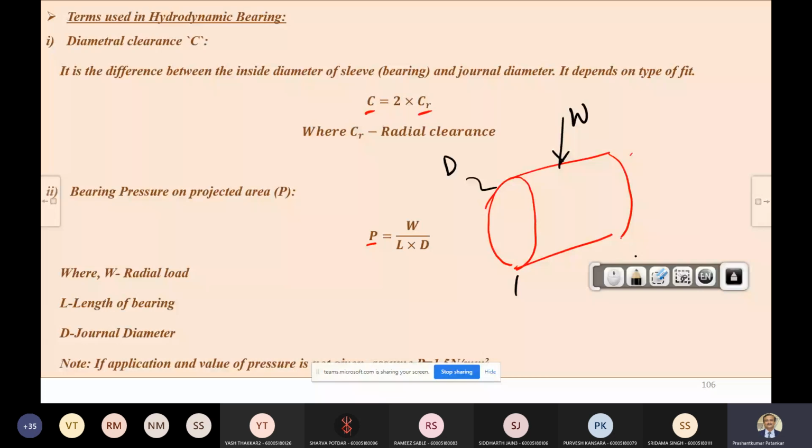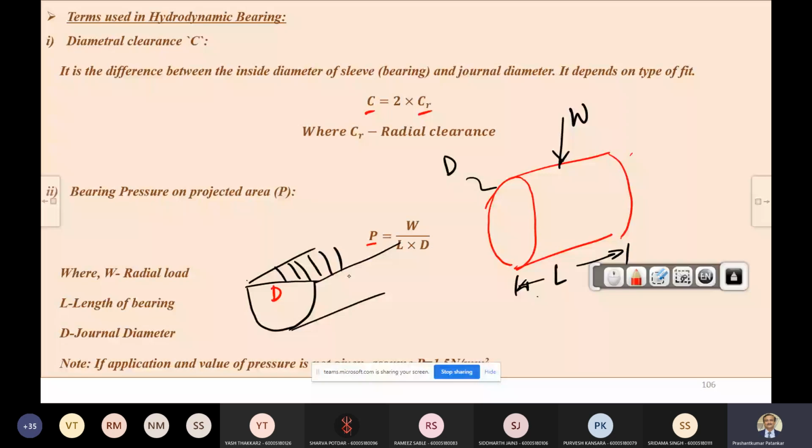In that particular case, this is your capital D diameter and this is the length. So this rectangular area will be L times D. Do you agree or not?